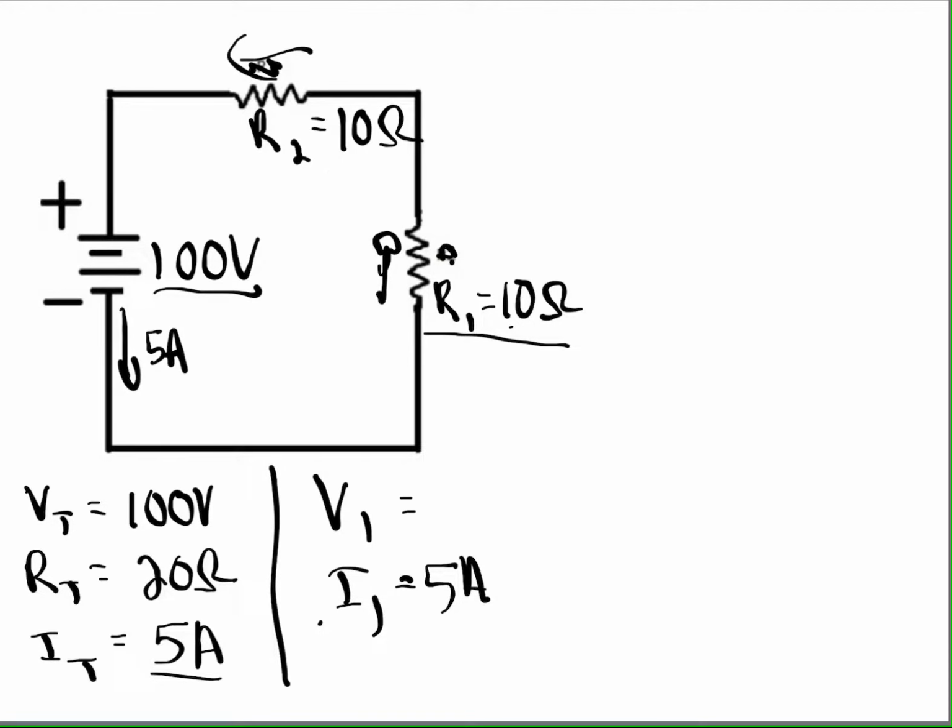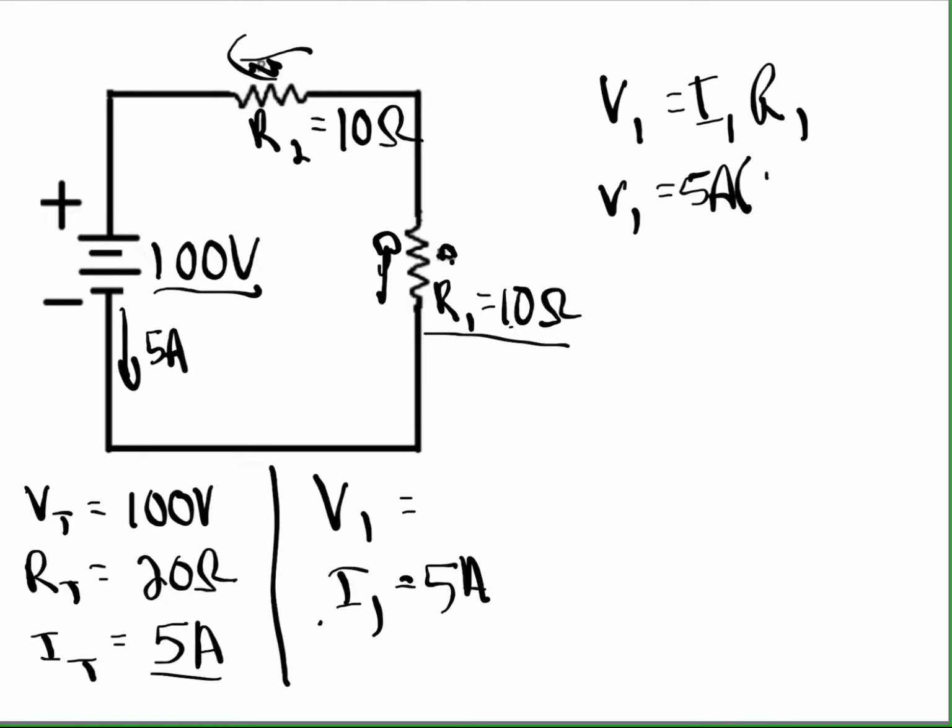Now, in order to find V there, we have to use Ohm's law again. V1, I1, R1. So we're looking for the voltage drop just across 1, which is going to be 5 amps times 10 ohms, or 50 volts.